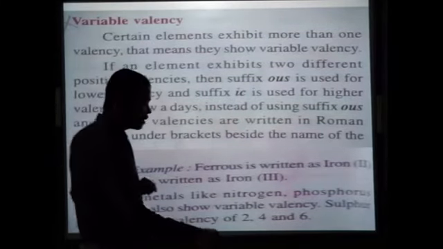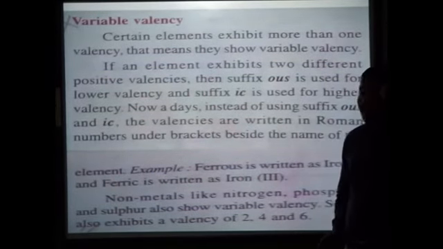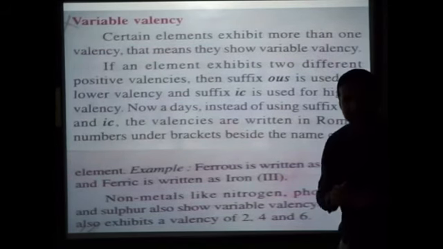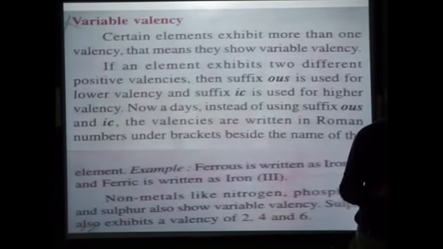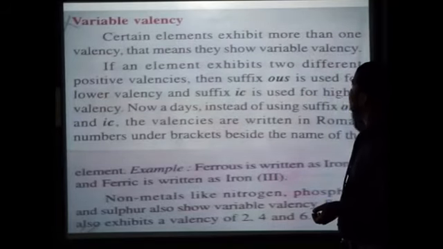Now, variable valency. Some elements exhibit not only one valency. They have different combining capacities in different conditions. That's why they show variable valency. So certain elements exhibit more than one valency.